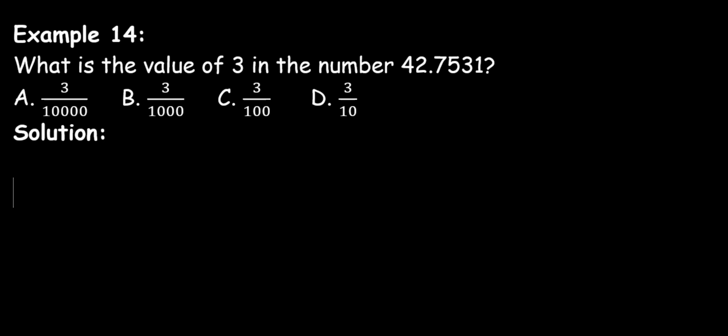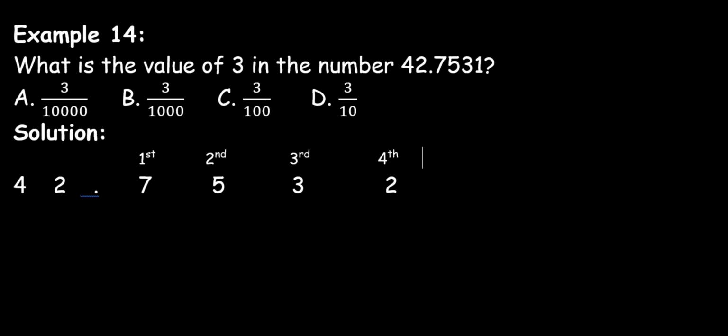The decimal place value system of the number is 42.7532. After the decimal point, the first position is on top of 7, the second position is on top of 5, the third position is on top of 3, and the fourth position is on top of 2.